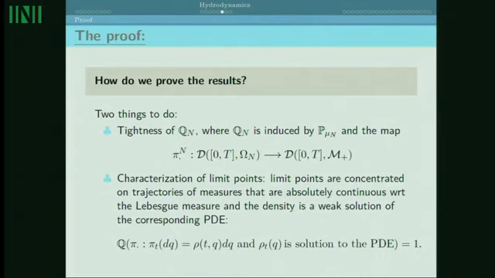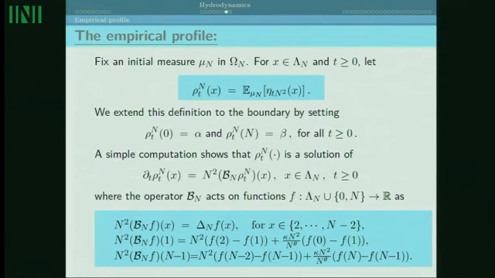Tightness usually is something simple. Not always, but usually it is. But formulating the notion of a weak solution, which we have to prove exactly from the particle system, and then showing that whatever you formulate as a weak solution is unique, is the hard part.